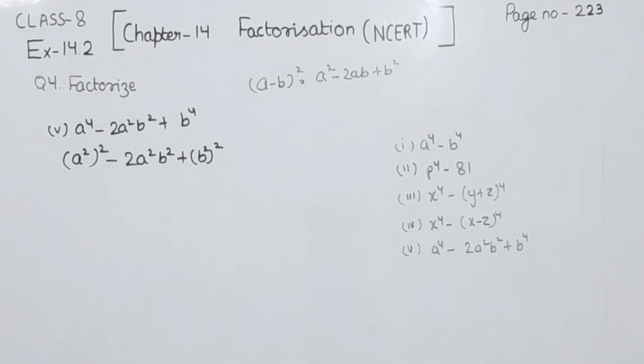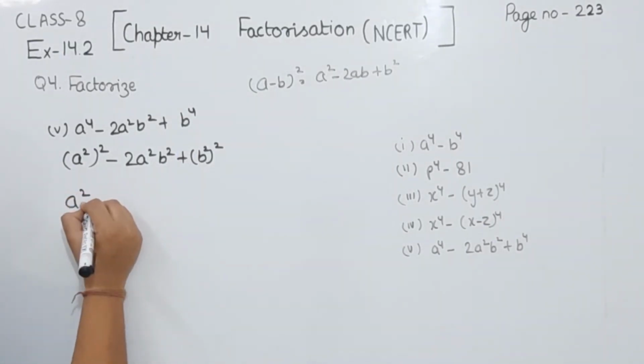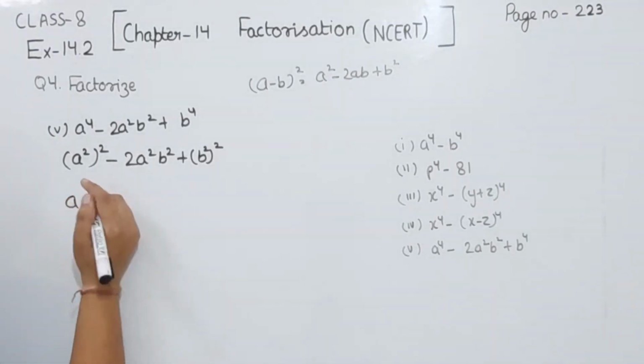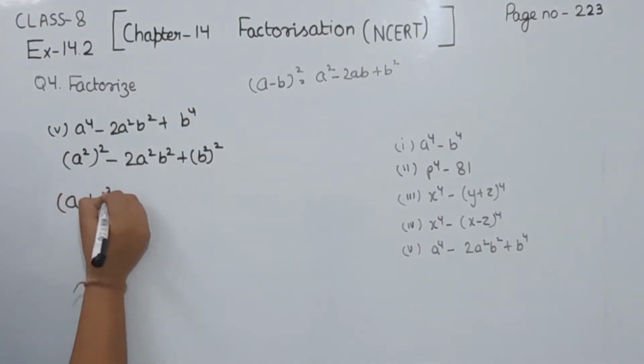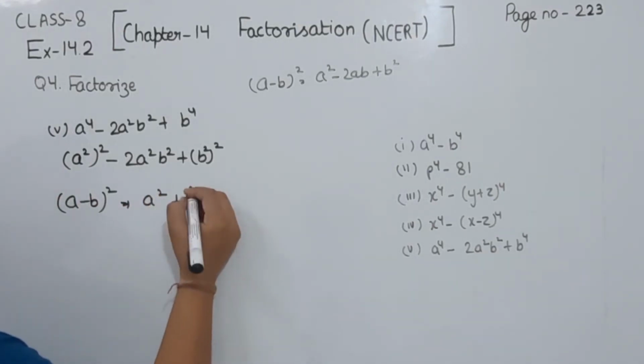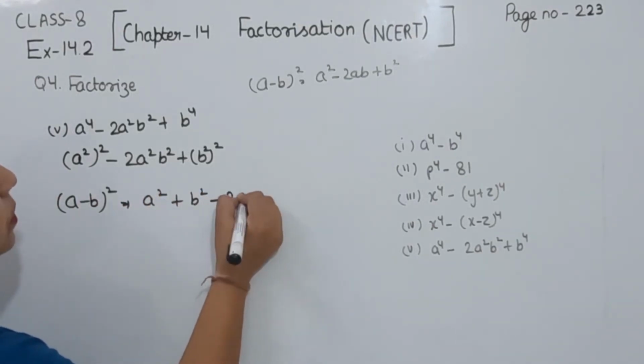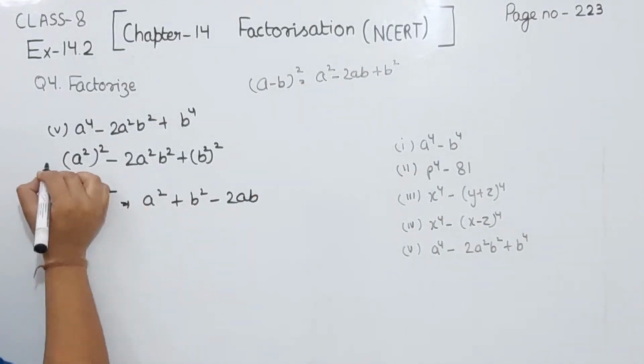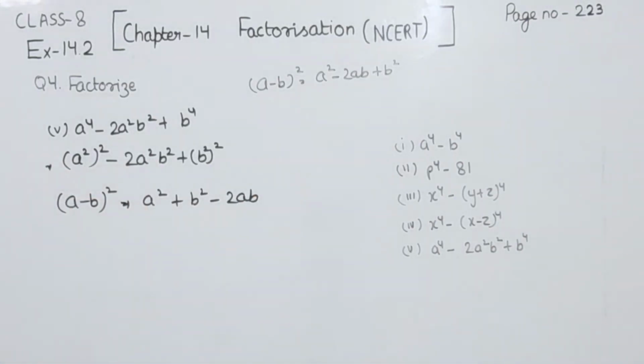Now this is the formula we have for a minus b whole square. The formula for this one is a square plus b square minus 2ab. So this one is the formula of a minus b square.